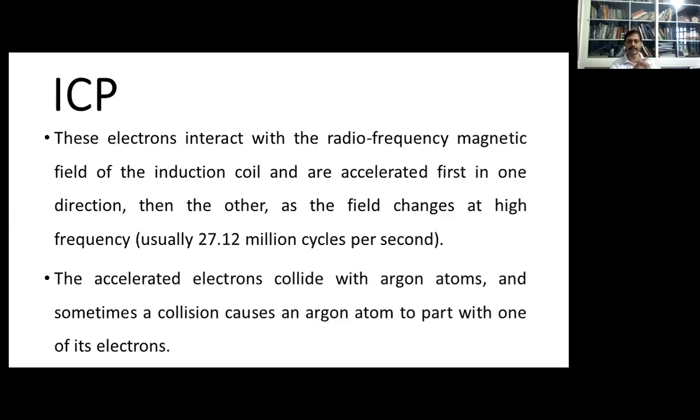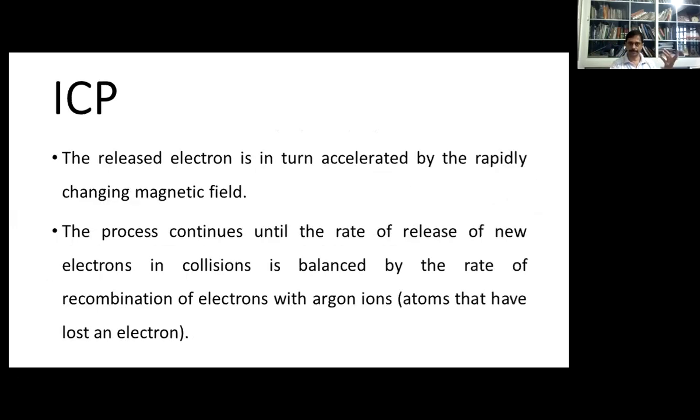The accelerated electrons that move rapidly in different directions collide. They will collide with argon atoms in the gas, and sometimes a collision causes an argon atom to part with one of its electrons. Once one of the electrons is knocked out, naturally that atom becomes ionized.